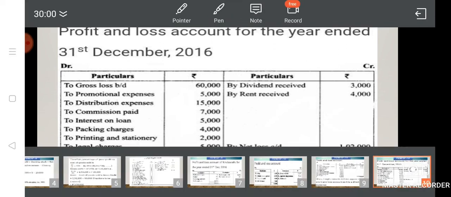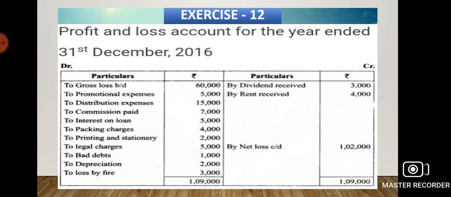So students, the chapter is not over. Today we have learned how to find out the cost of goods sold value and the amount of sales value, then how to prepare the profit and loss account.